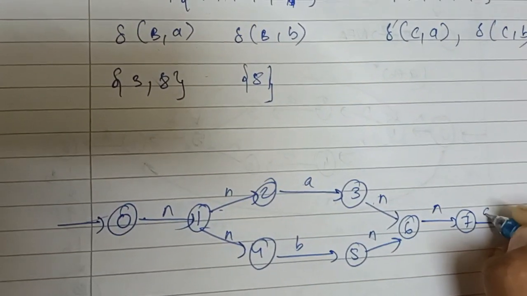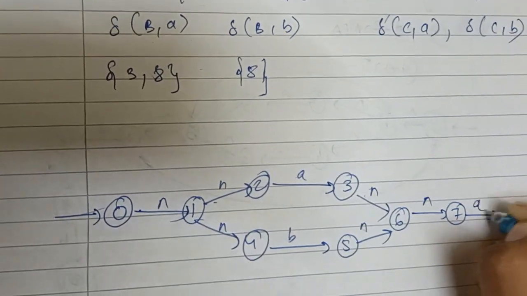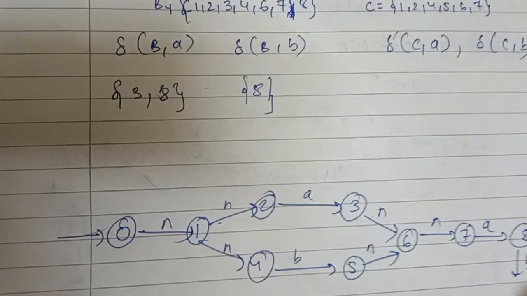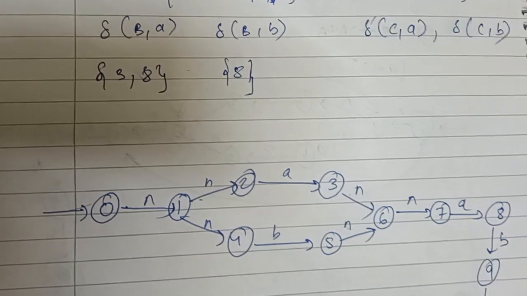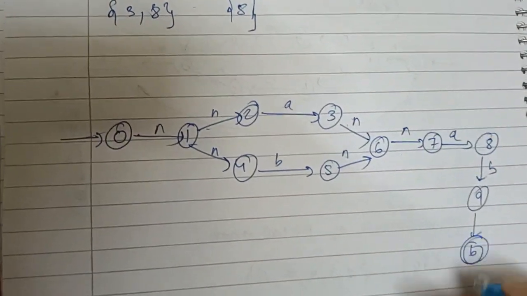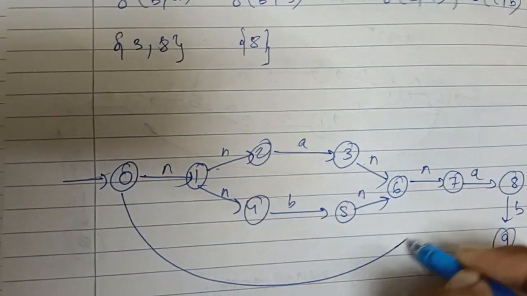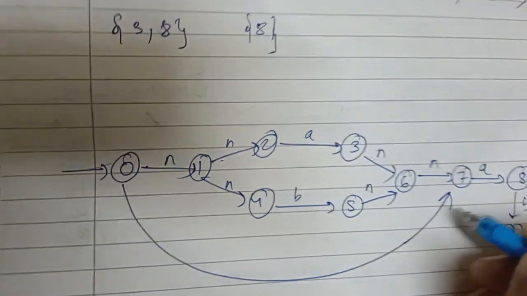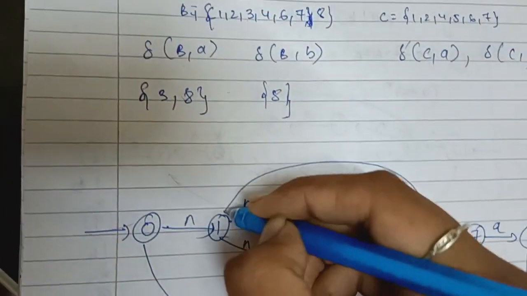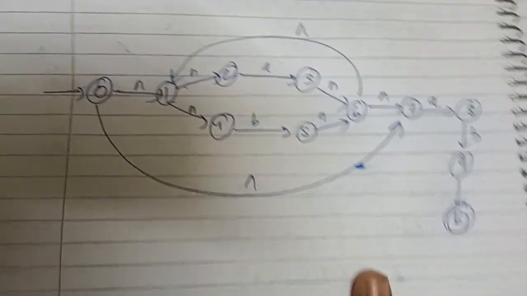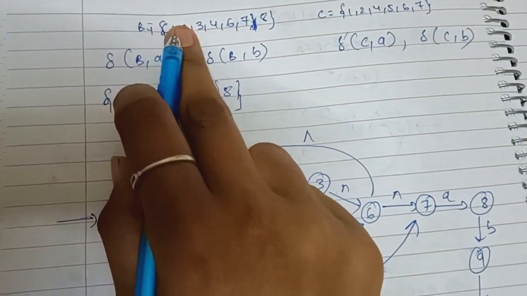Then we transit to 8 using A, B. Okay, and from this to this null, and from 6 to 1. This was our diagram. Okay, let's first find out 1 comma A.